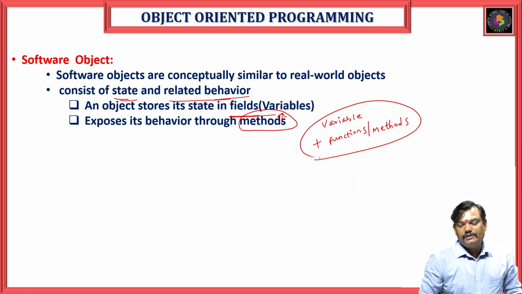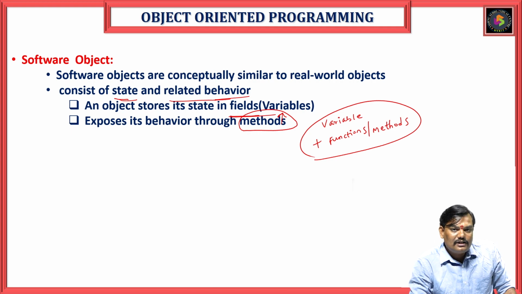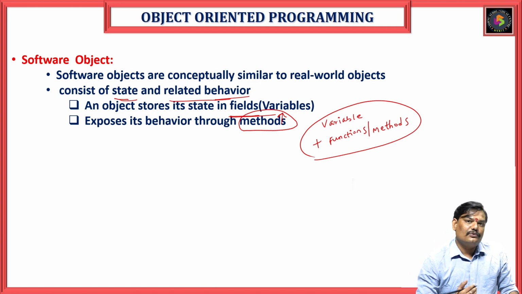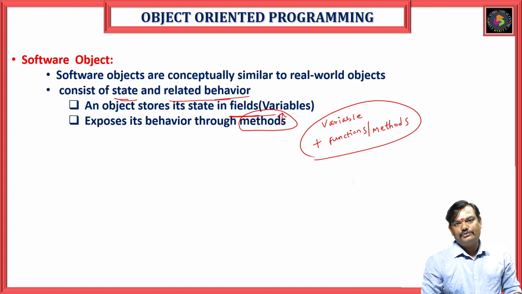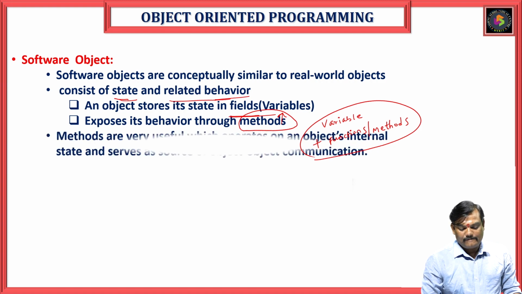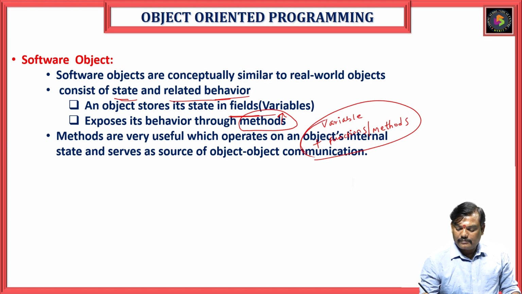So we should have a combination of variables and methods to describe the state and behavior of a software object. That we will do by making use of the concepts of object-oriented programming.